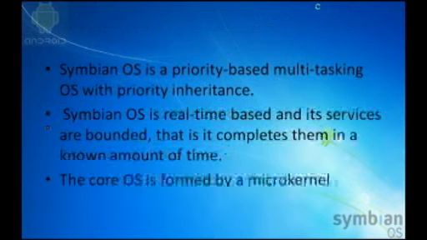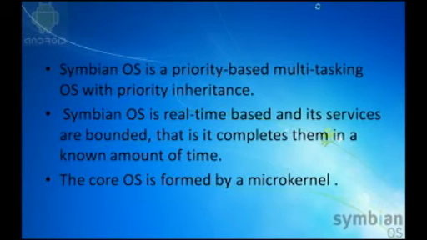It is worth mentioning that Symbian is a priority-based multitasking operating system with priority inheritance. The operating system allocates CPU time based on a thread's priority and minimizes the delays to a high-priority thread when a low-priority thread holds a mutex it needs. Furthermore, Symbian is real-time based and its services are bounded, that is, it completes them in a known amount of time.